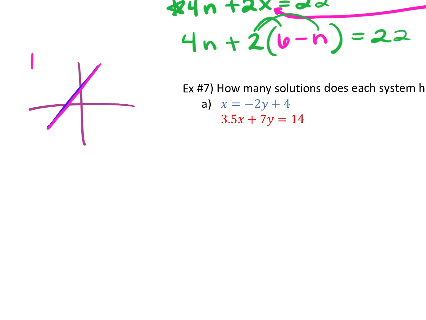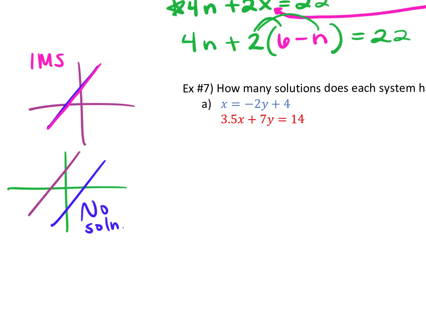There are infinitely many solutions versus if I have a graph and one line is here and the other line is here and they're parallel, then we have no solution. The same is true when dealing with substitution and what we do later on with elimination.